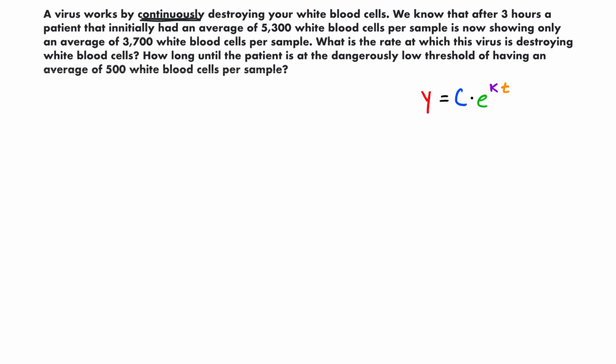All right, so there's a 2-parter. First part, patient goes in and they initially draw 5,300 white blood cells in their bloodline. So it's 5,300 times e, because e is just a number, raised to the kt. We do not know how fast this virus is destroying. We do not know the rate.